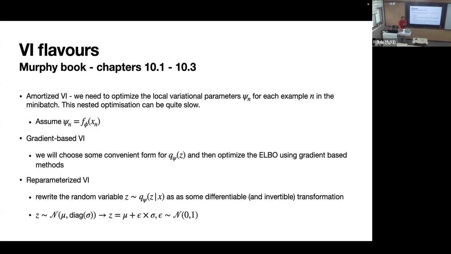Assume that you have the following equation. I have this Z, and I would like to estimate its parameters, mu and sigma, from this data.